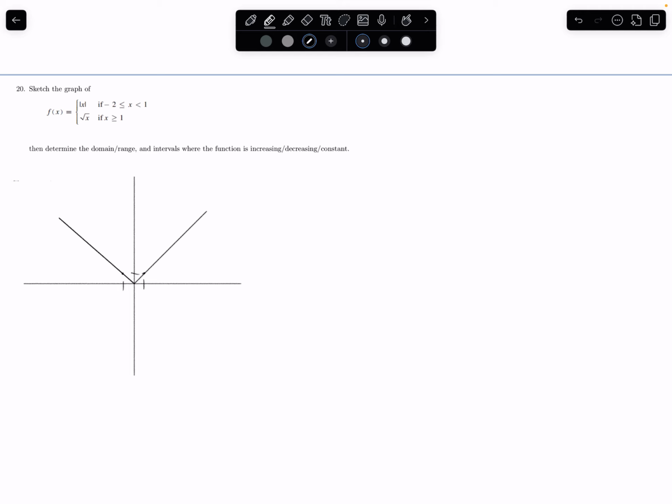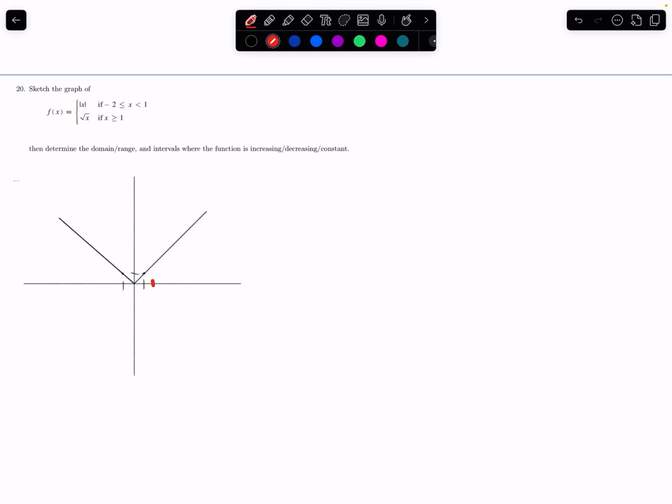Beautiful. Okay, and then what about the square root function? Let's graph it on the same plot this time, and I'll do that one in red. The square root function also starts at 0 because the square root of 0 is 0. Then it goes up 1, right 1 as well, because the square root of 1 is 1.